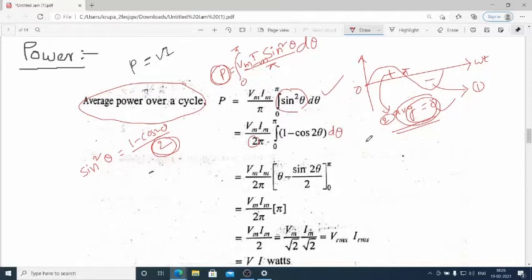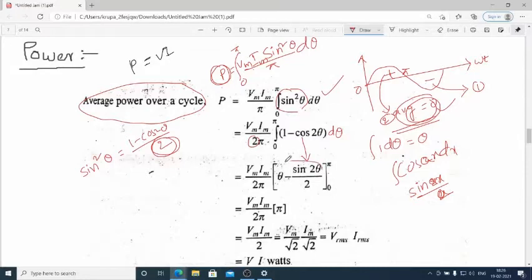So the integration of 1 is d theta, and the integration of cos 2x dx is sin 2x upon 2, or in general cos ax gives sin ax upon a. In a similar manner we will get the integration. I'm taking the limits 0 to pi.